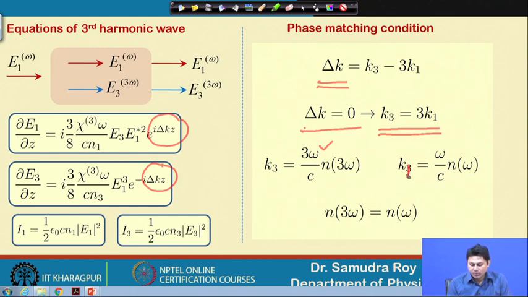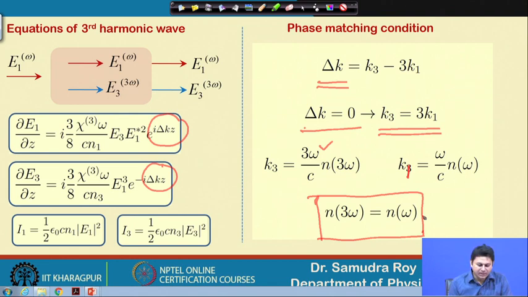Now, if I equate these two things, readily you can find that n of 3 omega has to be equal to n of omega. It is a similar kind of expression that we have for second harmonic generation. The only thing is that the frequency here is 3 omega, while in that case it was 2 omega.